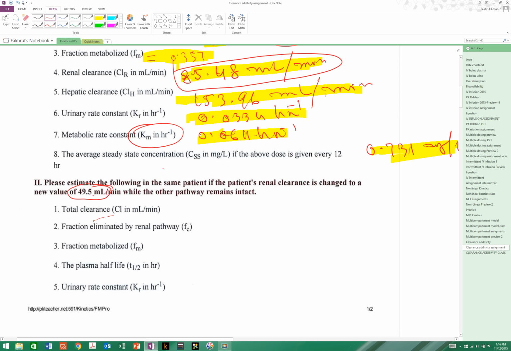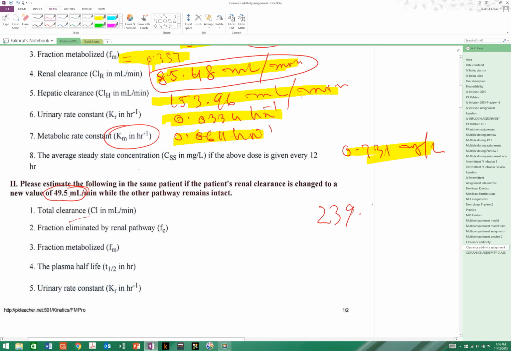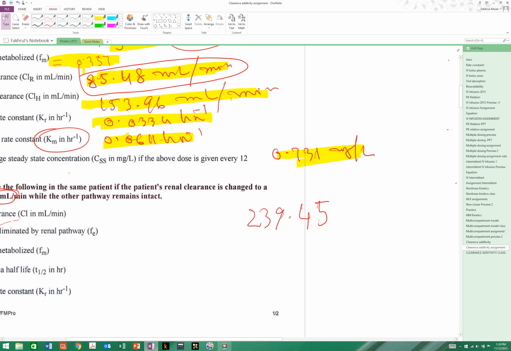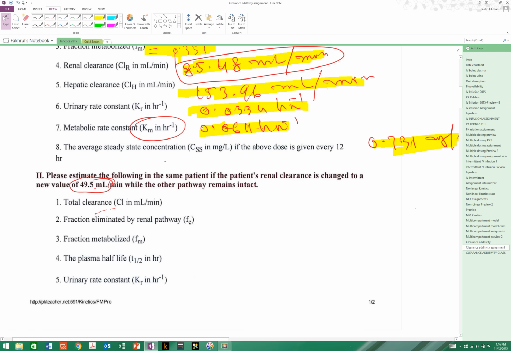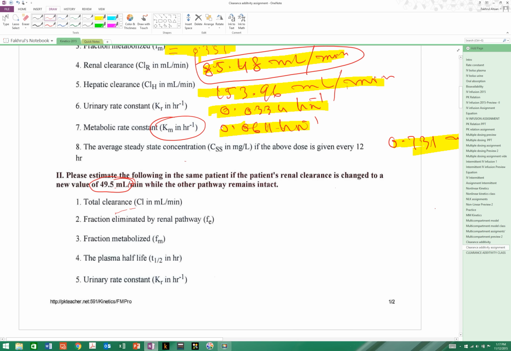We had the clearance of 239.45 milliliter per minute.